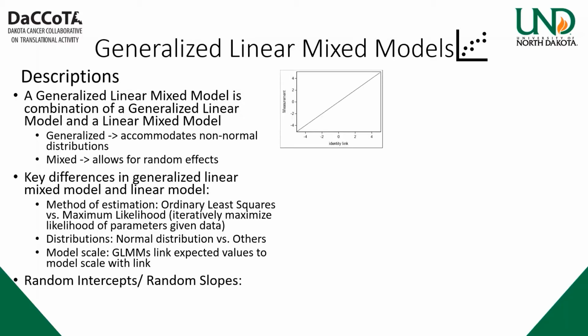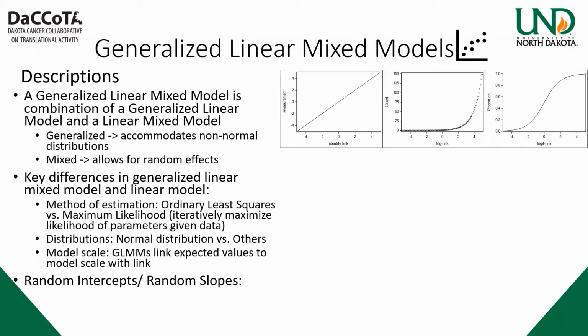So there's three main links: identity, log, and logit link. With the identity link, nothing happens, so there's no difference between the data and the model scale. But say we look at the log link. On the data scale, it's count data, so it doesn't go below 0, and the link accounts for that.